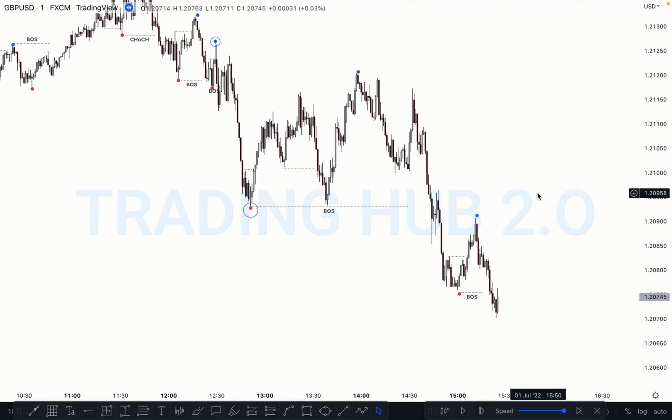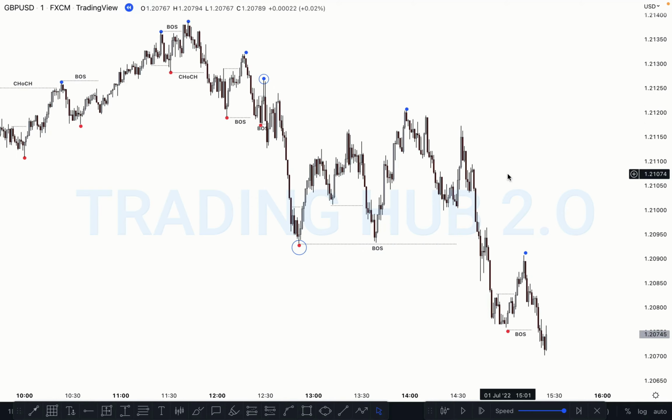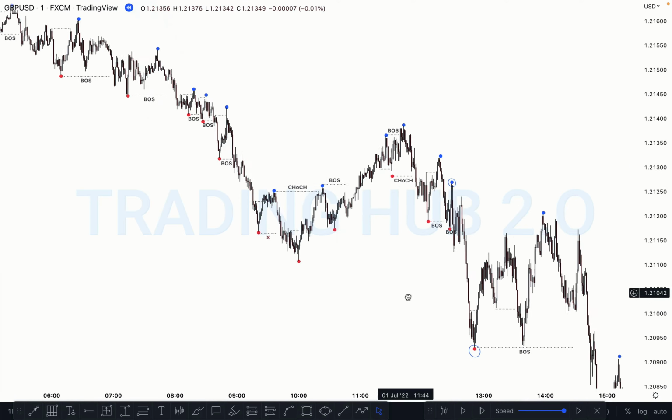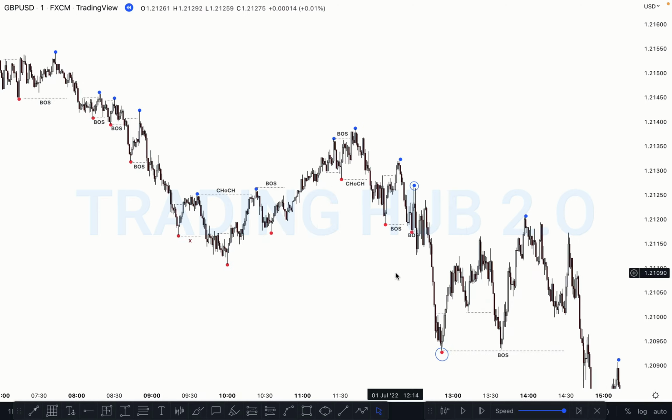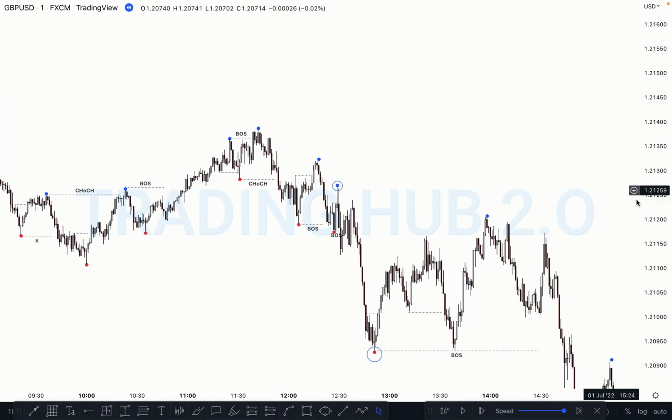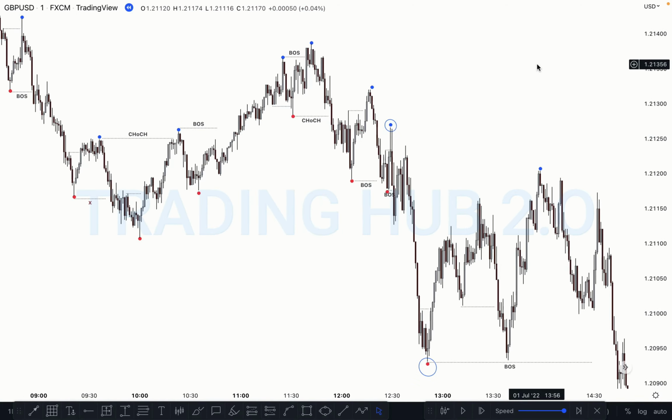And this is the rule to mark the correct structure, mark the correct break of structure and change of character. Even a lot of people get confused between these ranges, this move, but you know how I mark it, and now you can do the same thing. So don't be confused, apply the same rule.